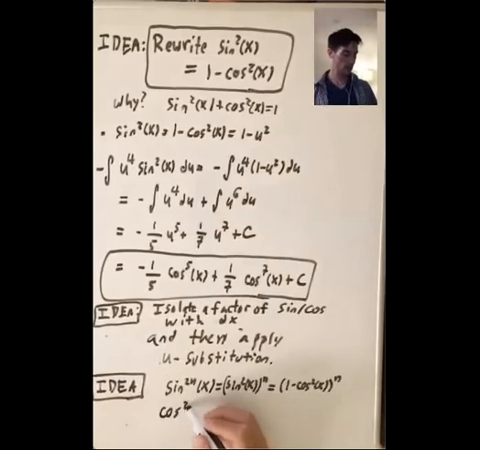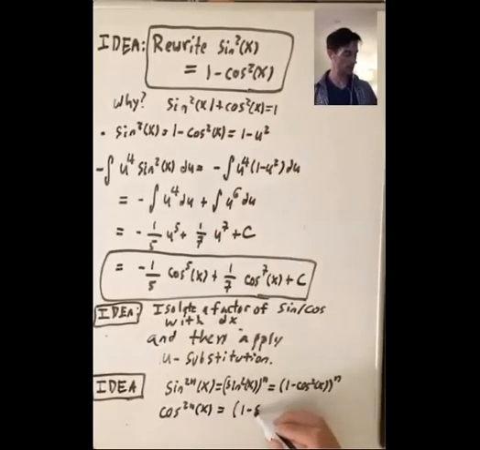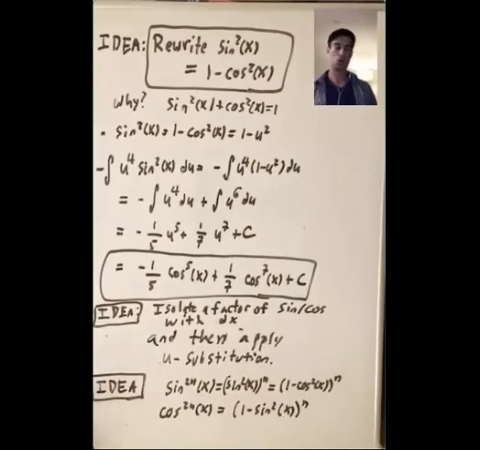Similarly, cosine to the 2n x is equal to 1 minus sine squared x to the nth power. So what does that mean? That means that we can rewrite any even power of sine just in terms of cosine.